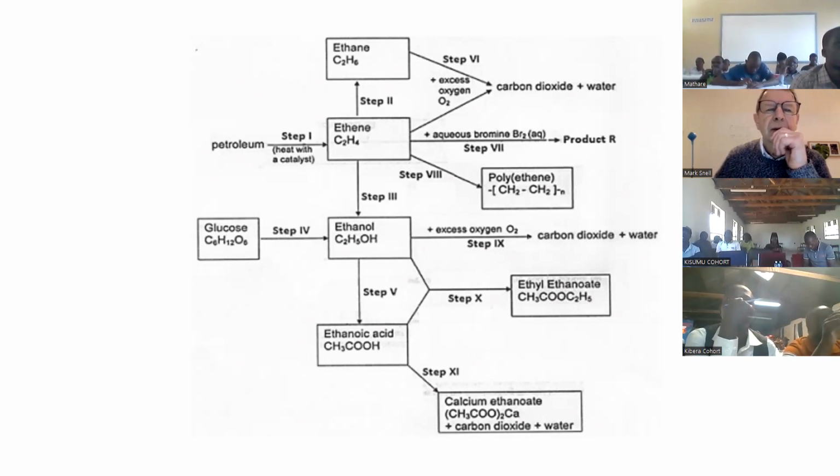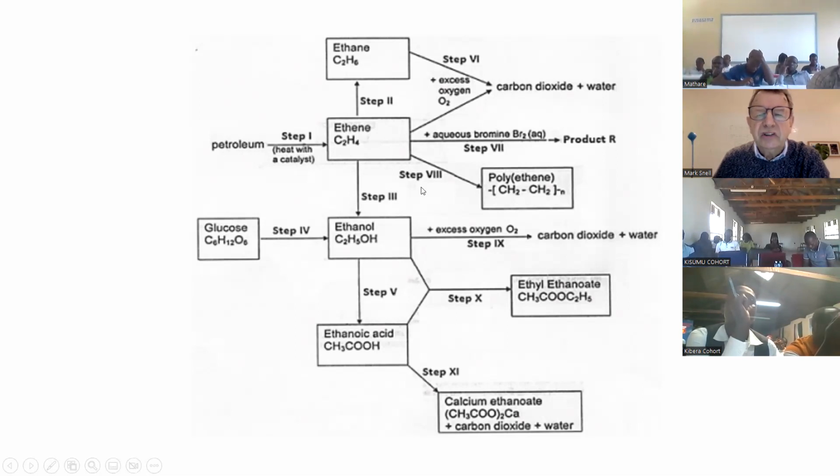Okay, have a look. So we're trying to identify the steps, obviously. Petroleum to ethene, what step is that? Oh, God. What's step 8? Ethene to polythene. Step 10. Ethanol, ethanoic acid. So there would be questions like, what is necessary for step 10?